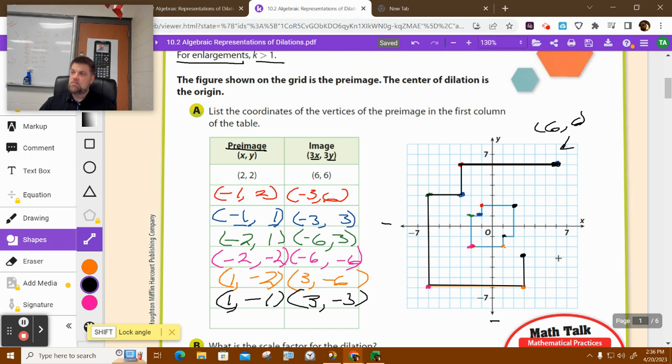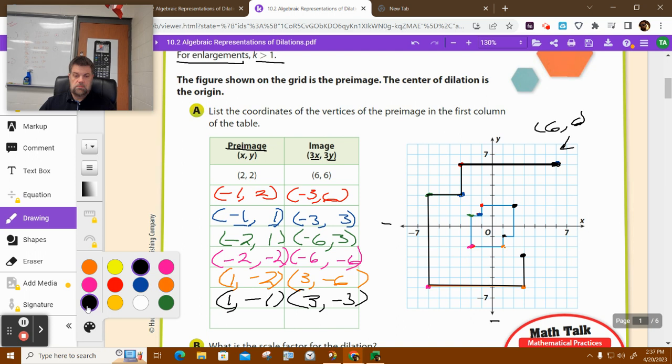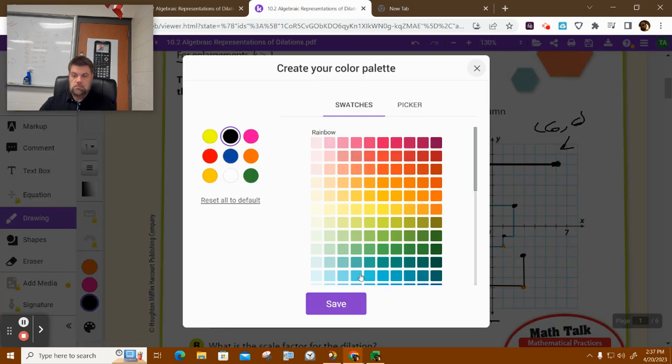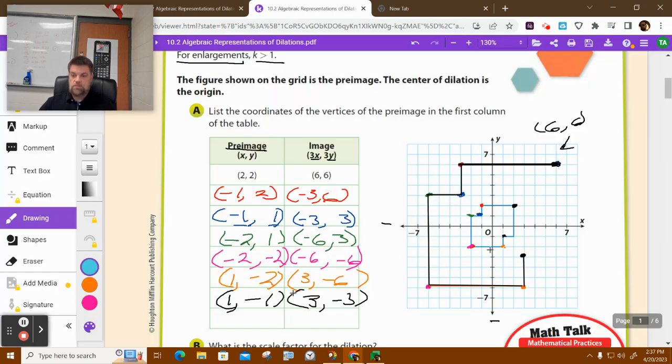Okay. We'll do this color. Lastly, I'm going to do this color right here.